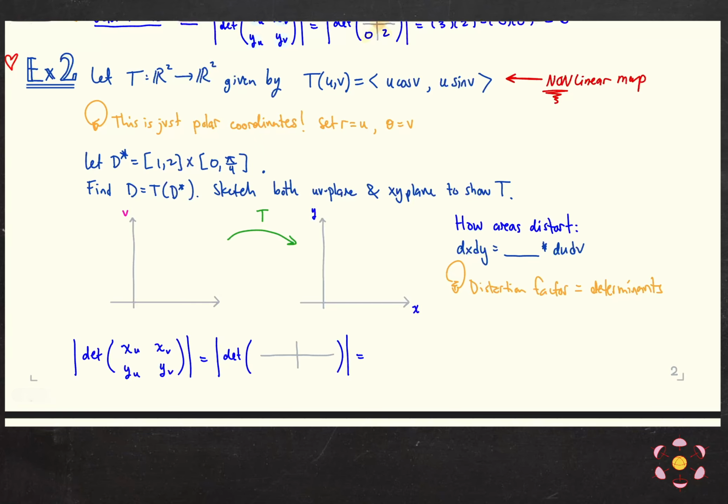Let's look at the next transformation. The next transformation is another transformation from R2 to R2. I'm giving you the following formulas, and I've got here a little note that this is a non-linear transformation. So what makes it non-linear? Well, the cosine and the sine are not linear functions of v.